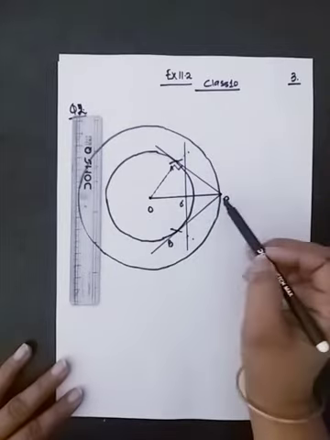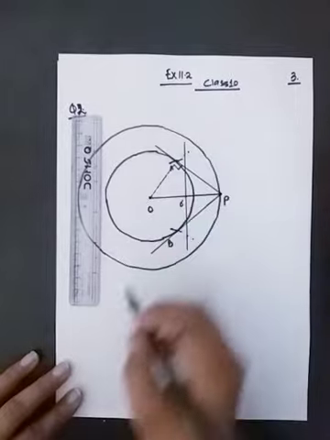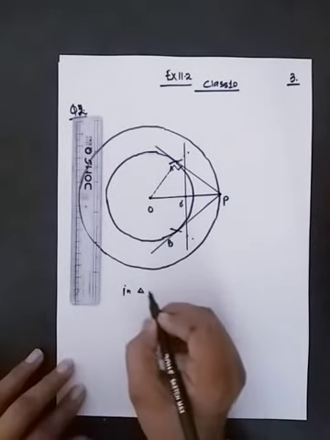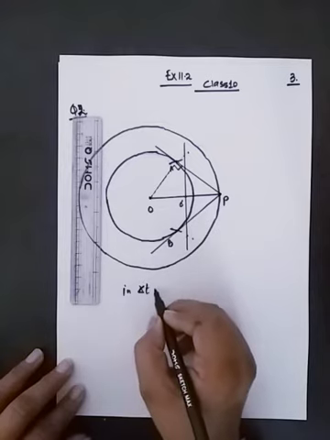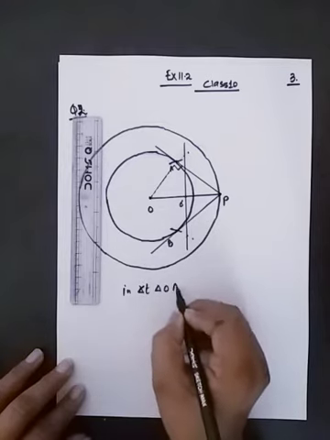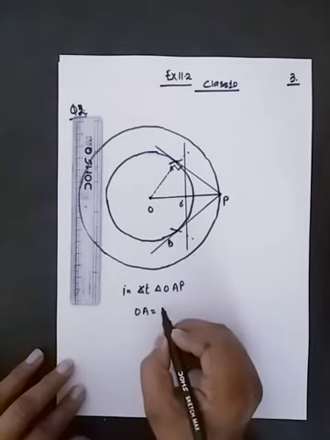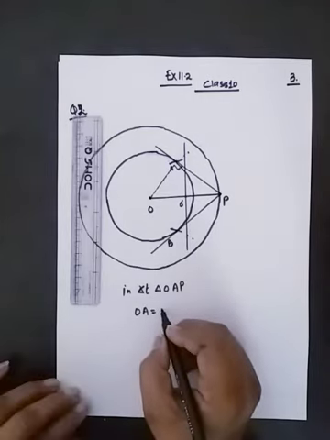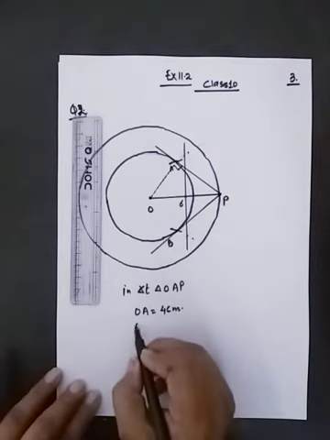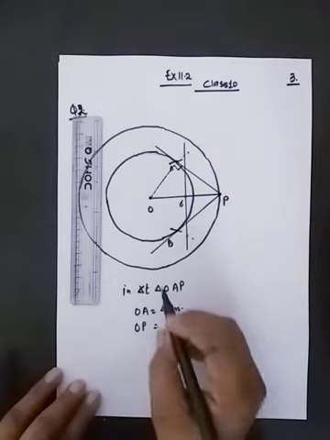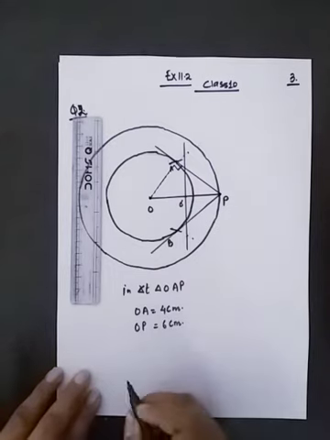So triangle OAP is a right angle triangle, and in this right triangle OAP, OA is given to us, and this was the radius of the inner circle. It was given to us as 4 centimeter, and OP, this was the radius of the outer circle, was given to us.